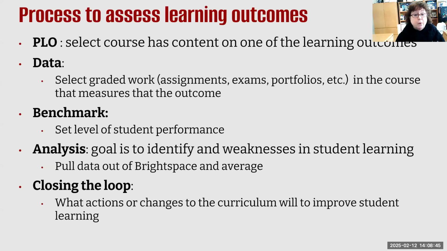Radiation safety or HIPAA. If they're going into healthcare, those are things where you can't make mistakes. So you set your benchmark based on your learning objective and your goal and what you and your faculty and department believe is the best benchmark. What level of performance do I want for this specific learning outcome?